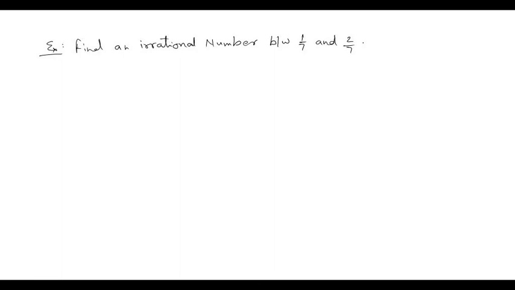So let's find an irrational number between two rational numbers, that is 1 by 7 and 2 by 7. Earlier we calculated a rational number between two rational numbers, but now we are going to calculate an irrational number between two rational numbers.